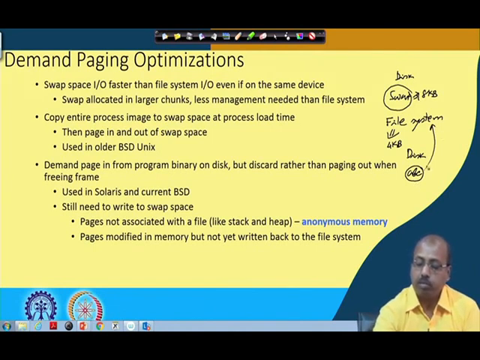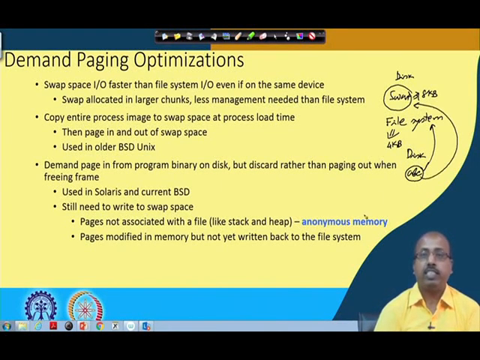At the very beginning, this entire ABC is copied onto the swap space also, so that after initiating, whatever copy or read-write is made is made from the swap space only. We do not need to refer to the original file ABC in the file system.